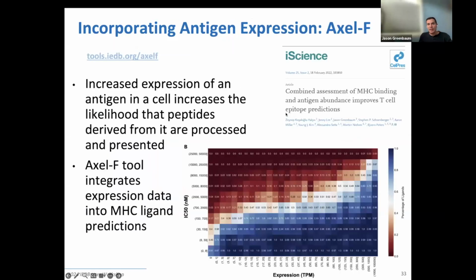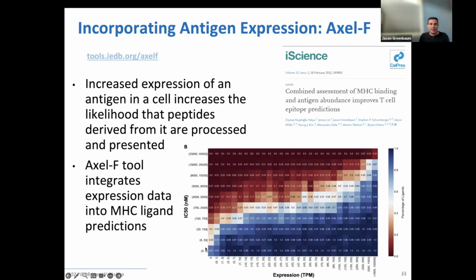We don't have this tool on the NextGen site at the moment, but we have developed a tool in the past couple of years called AXEL-F. And this is a tool that adds on to the binding predictions a bit by taking into account the relative expression of a peptide. What we're showing on the y-axis here are IC50 values, so from good binding to poor binding, and from low expression to high expression.